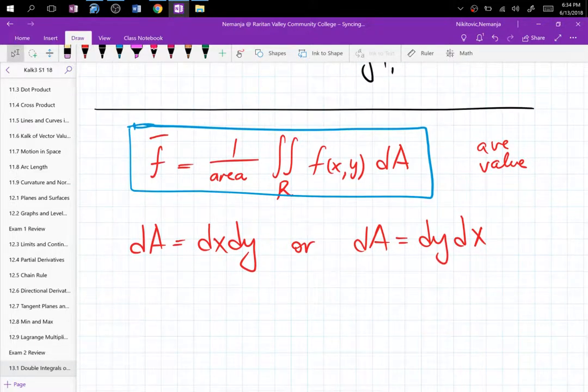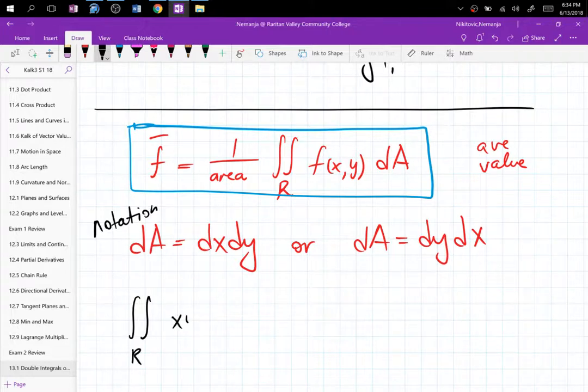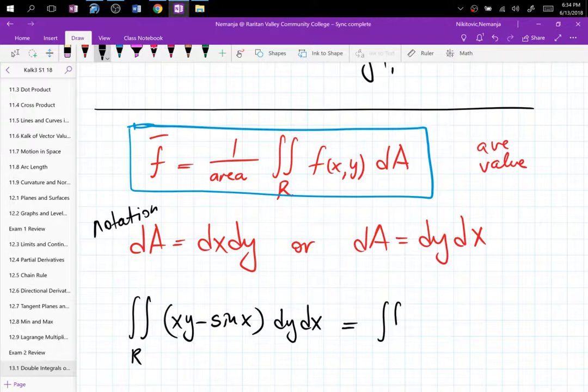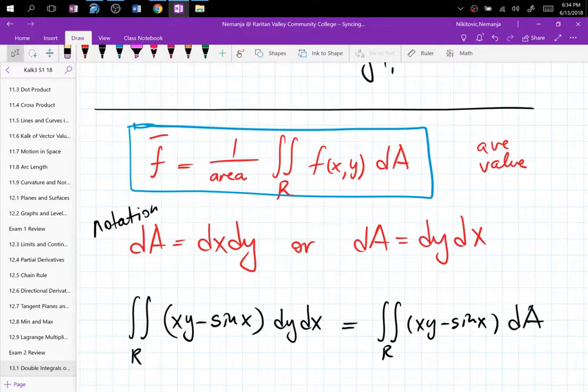So if I have a double integral over the region R of, let's say, xy minus sine x dy dx, I can just write this as the double integral of xy minus sine x dA. That's just notation, so don't freak out.